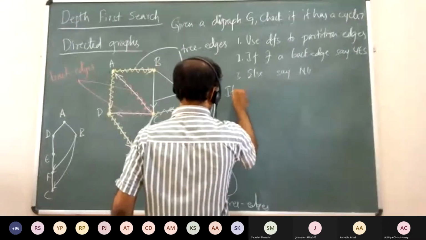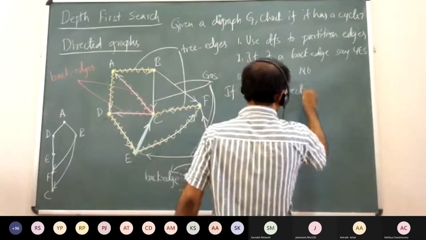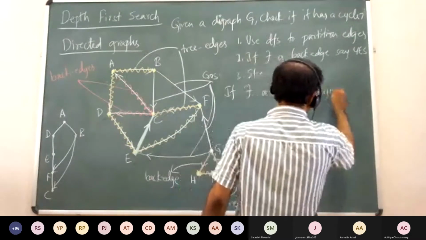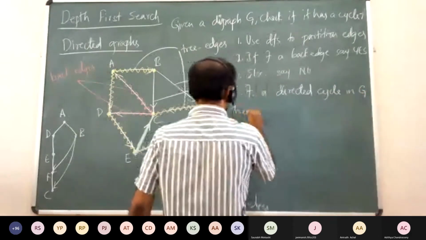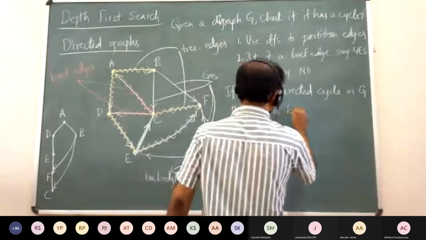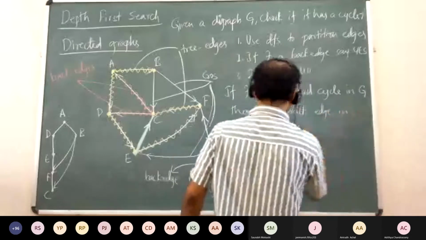If there exists a directed cycle in G, then there exists a back edge in the DFS forest.